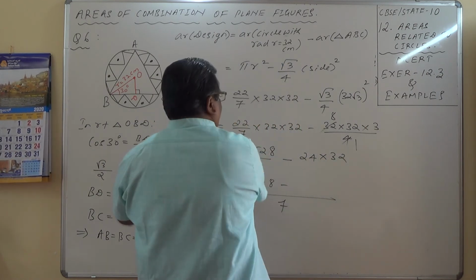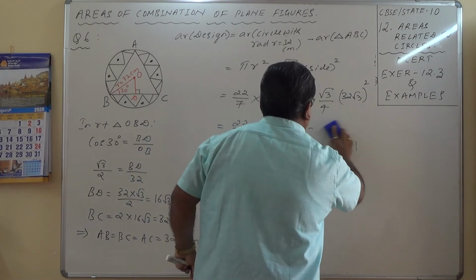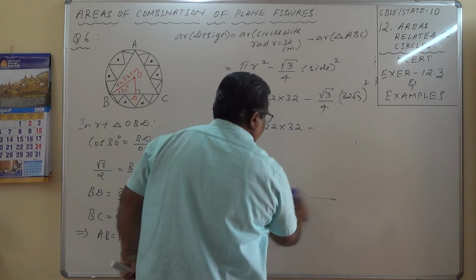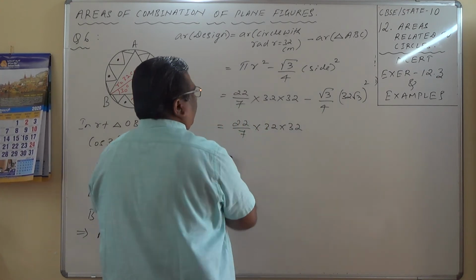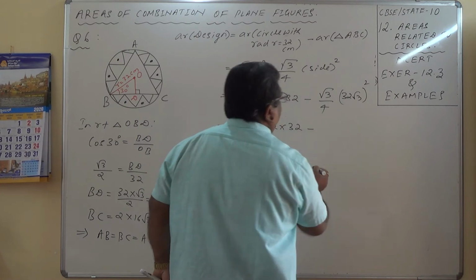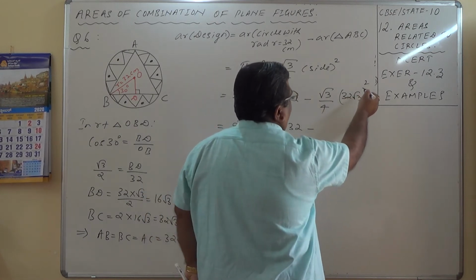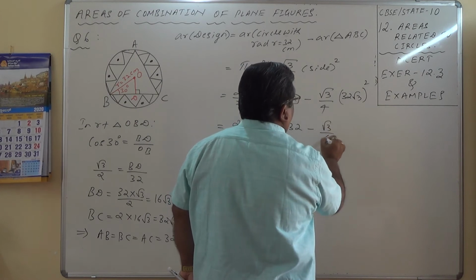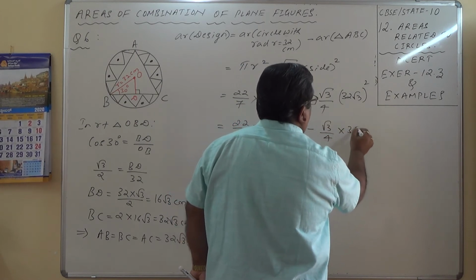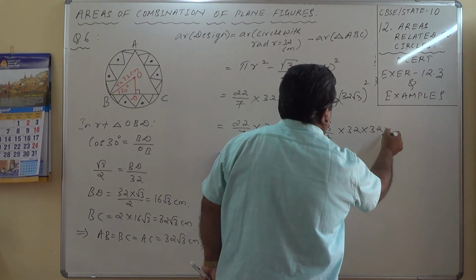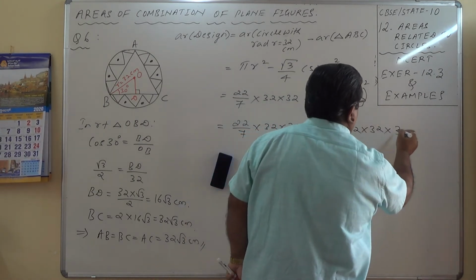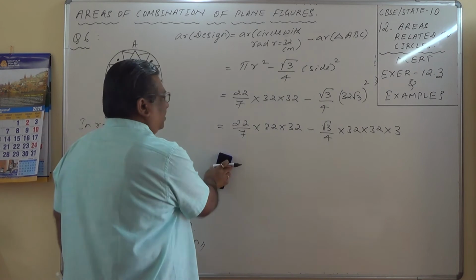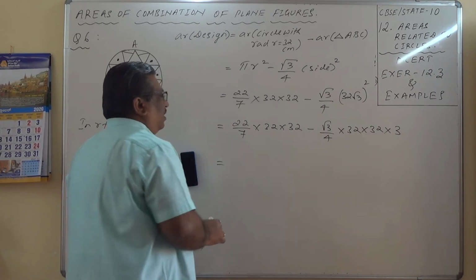Just a moment, a small mistake here. Minus 32 into 32 into root 3 into root 3. That is root 3 by 4 into 32 into 32 into root 3 into root 3, which is 3. Now it is correct.